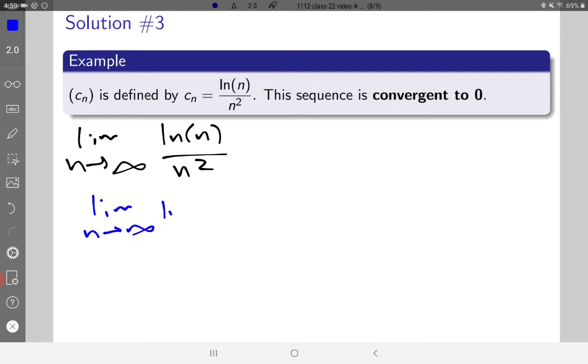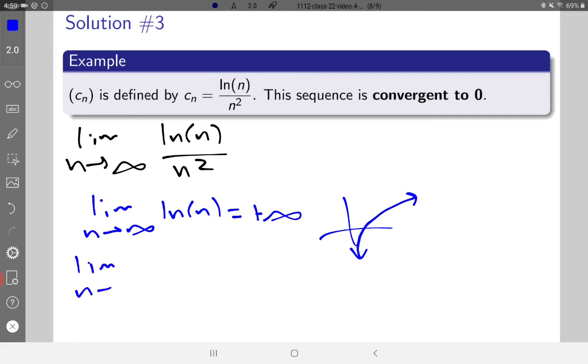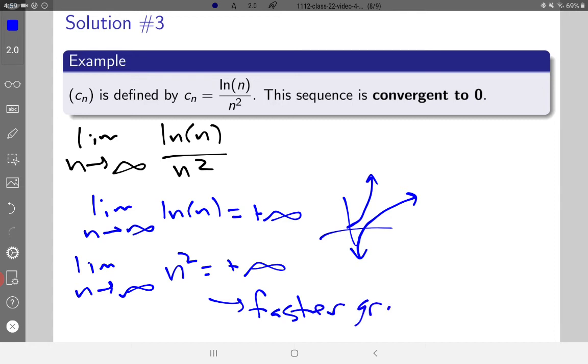Limit as n goes to infinity of log of n, that's positive infinity because its graph grows like this. And limit as n goes to infinity of n squared, that's also positive infinity because the parabola just grows. And just looking at those graphs, you can see, hopefully, that n squared goes to infinity way faster. That's faster growth than the logarithmic super slow growth.